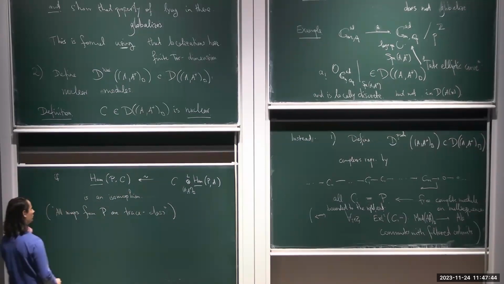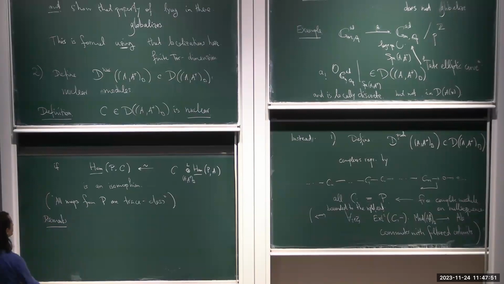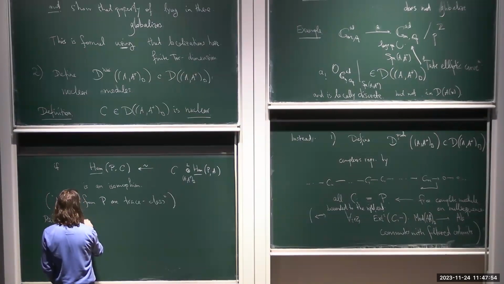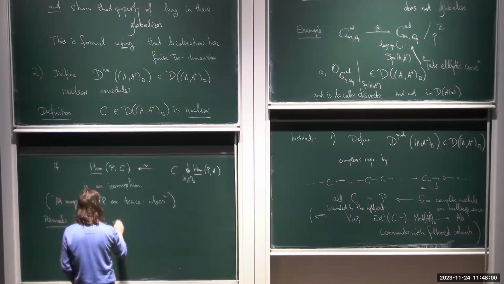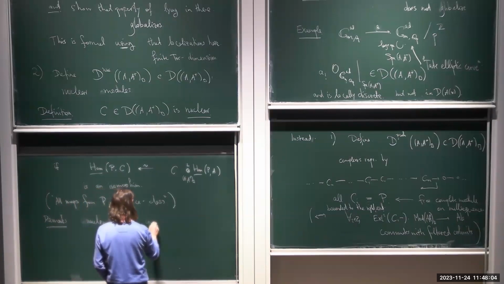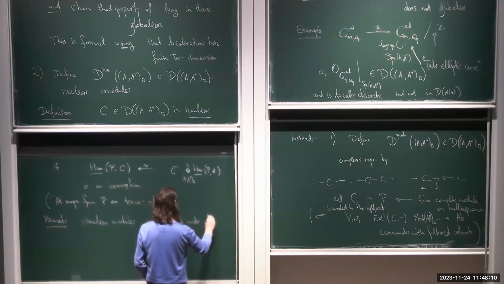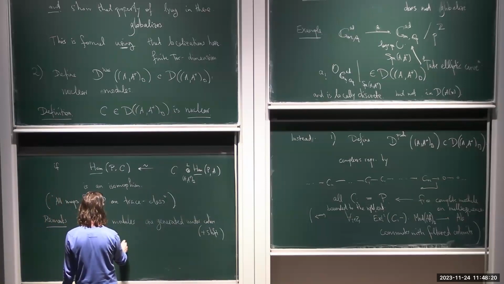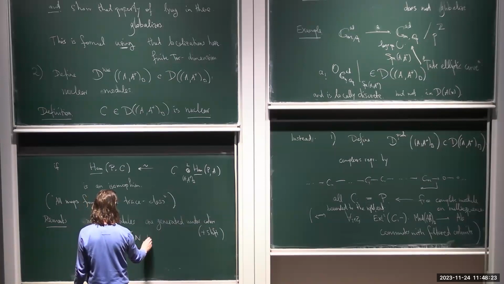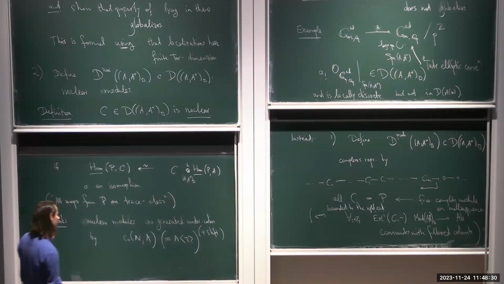A couple of comments about the definition. In general, the nuclear modules are generated by colimits and shifts of just a Banach module, like, I don't know, the zero function from N to A. If you want, it's also A adjoint P, but just as a module.